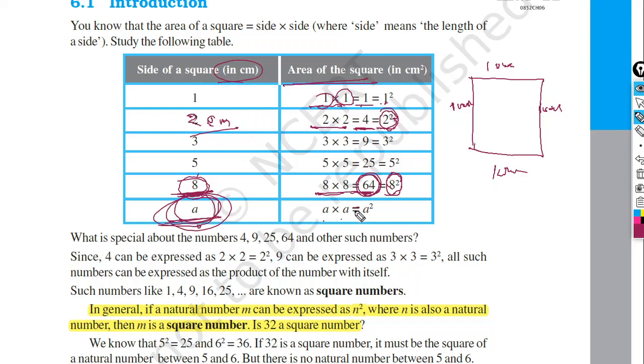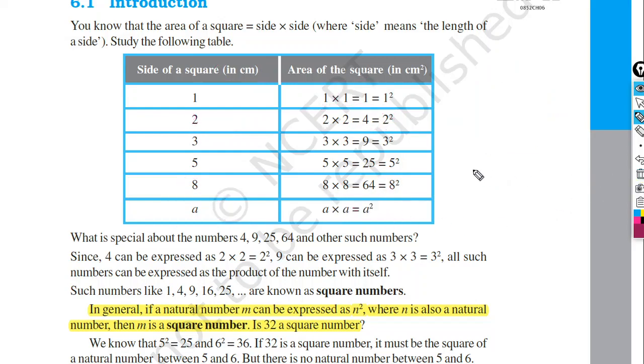So now we find there are some square numbers like 1, 4, 9, 25, 64. They are called square numbers.